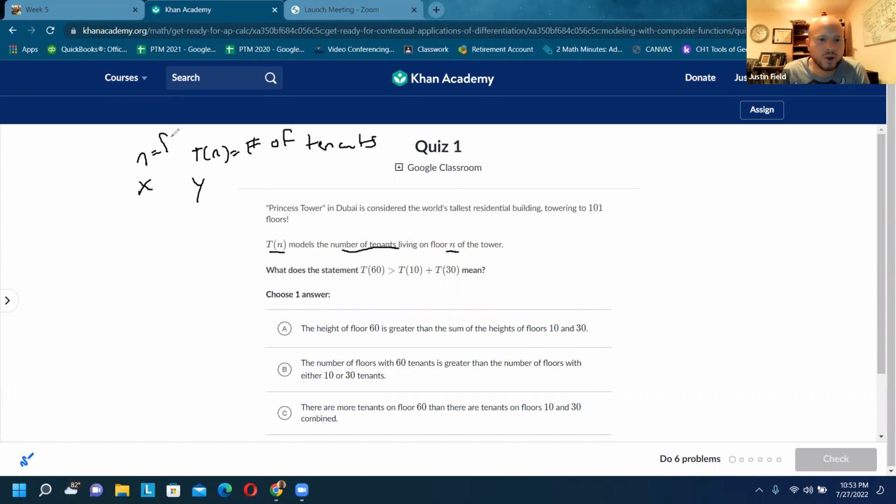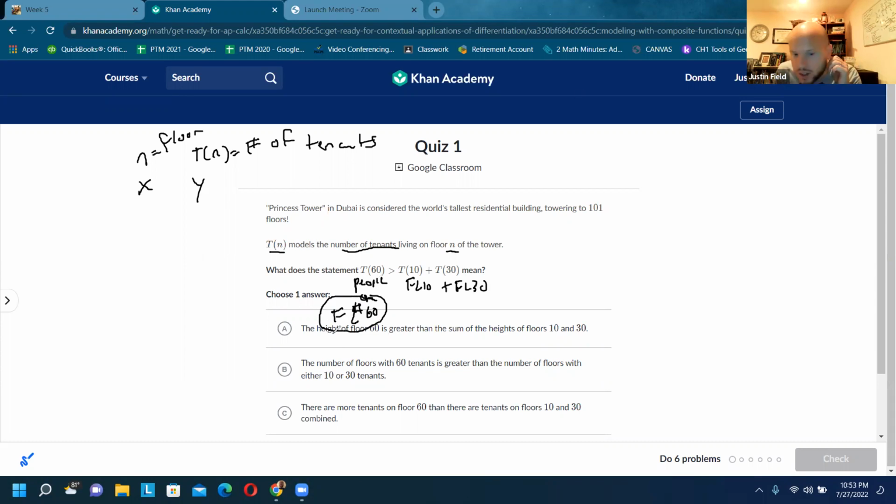And this is the floor. So this is, or people on floor 60, is greater than floor 10 people plus floor 30 people combined, right? So the people living on floor 60 by itself is greater than those two floors combined.